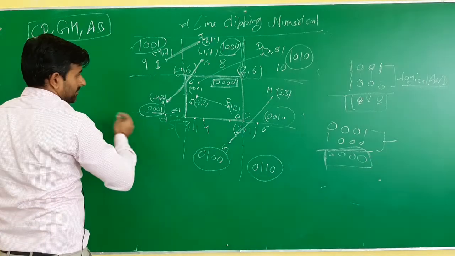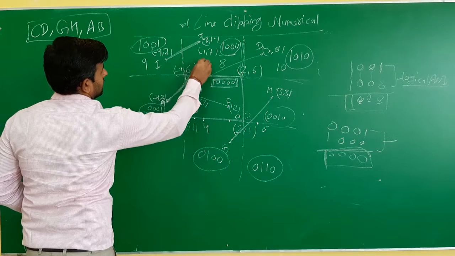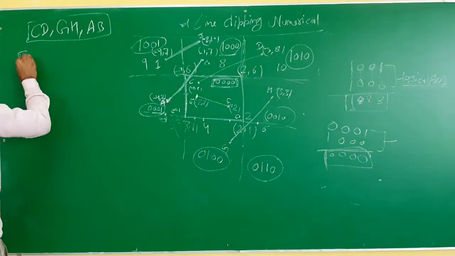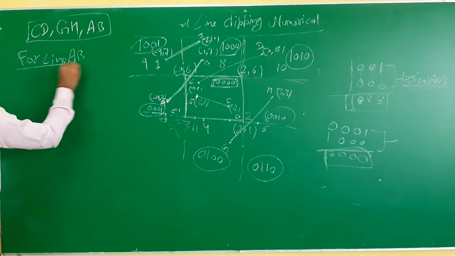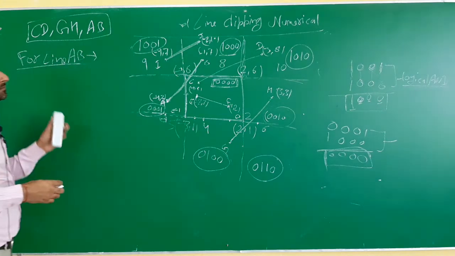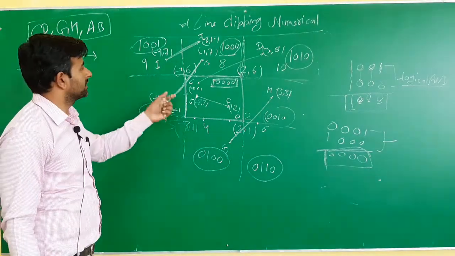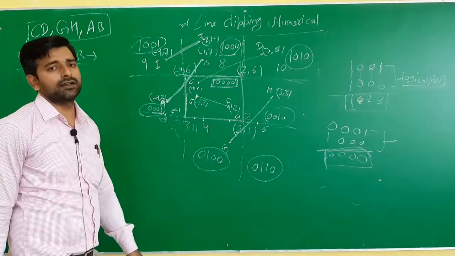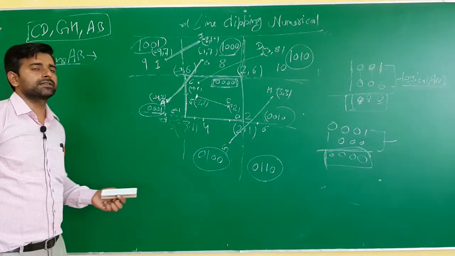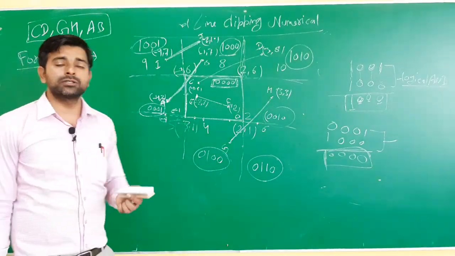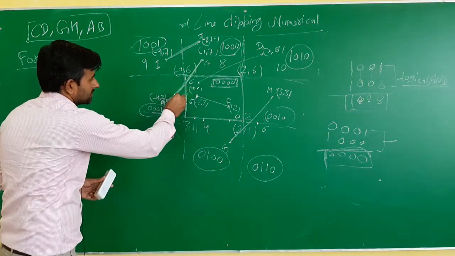First of all, I am going to take the line AB, line A and line B. For line AB, to find the clipping candidates and the visible area, we will follow a process, that is finding the slope of the line.